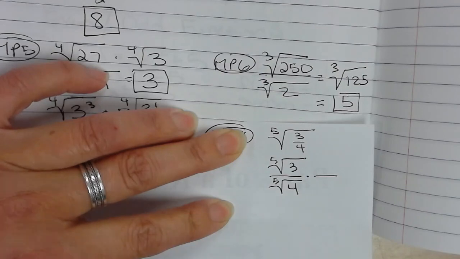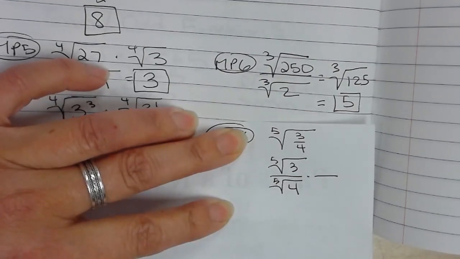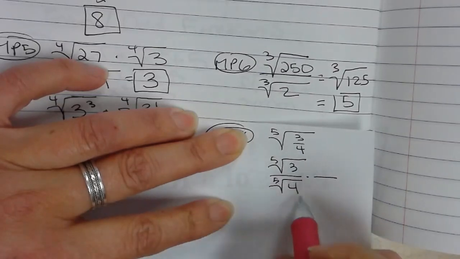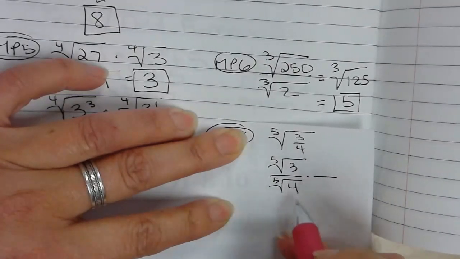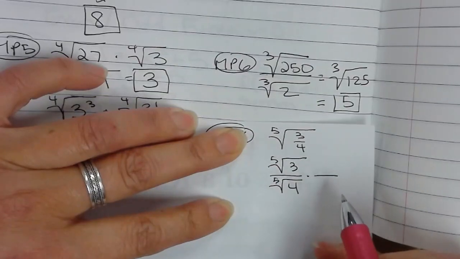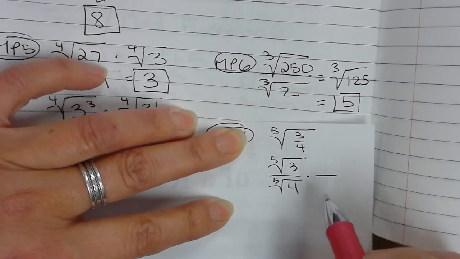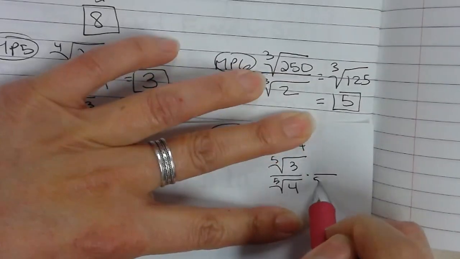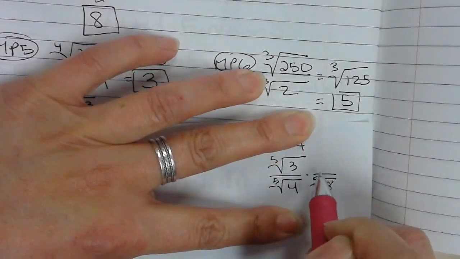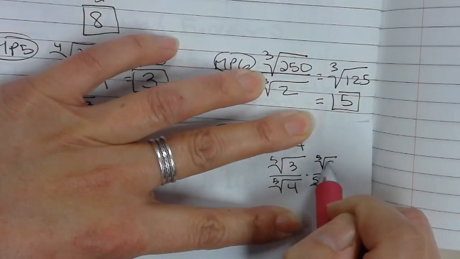So 2 times 2 times 2 times 2 times 2. 5 times. What number is that? 32. So I'm going to want to force this number to be a perfect fifth root. And the closest perfect fifth root is 32. So what am I going to multiply 4 by to get 32? Good. So I'm going to multiply it by the fifth root of 8 in the form of 1, like we talked about.